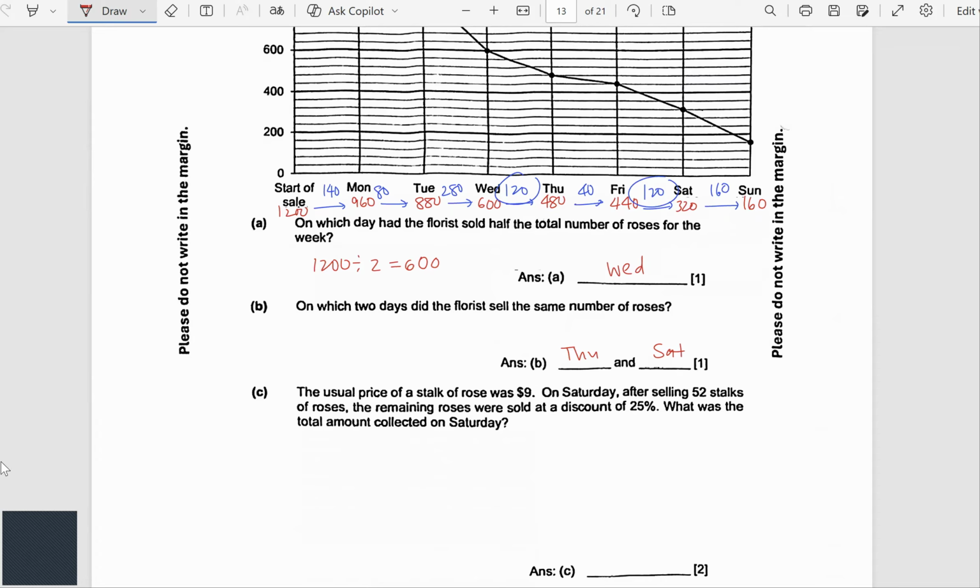So what is the discounted price? Discount of 25% means we are looking at 75% of $9 for each stock. This is $6.75. Okay, so we have 120 minus 52 for your remaining. This is 68.